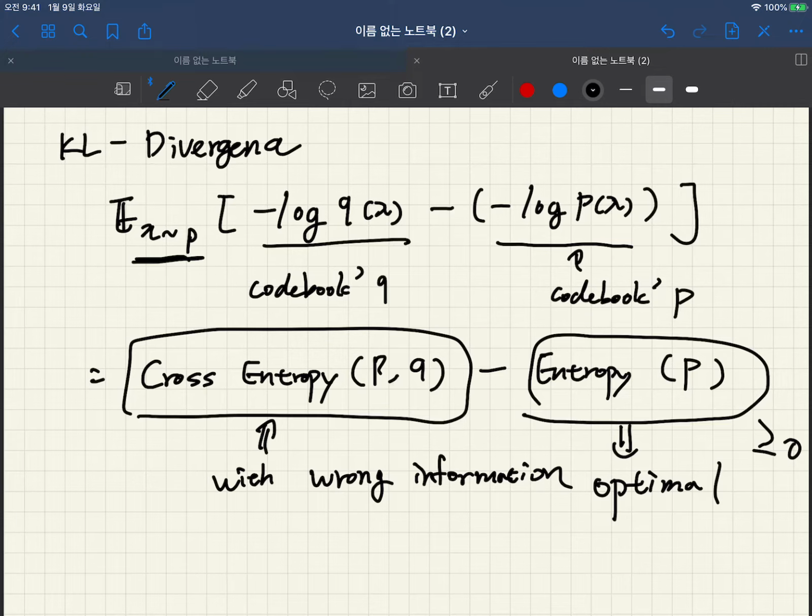So when the distance between P and Q is small, usually the cross entropy value will be close to the entropy value, and then the KL divergence value is also very small. Right? So that's why KL divergence is a very nice indicator for assessing the difference between distributions P and Q. And the KL divergence between P and Q is equal to 0 if and only if the two distributions are the same.